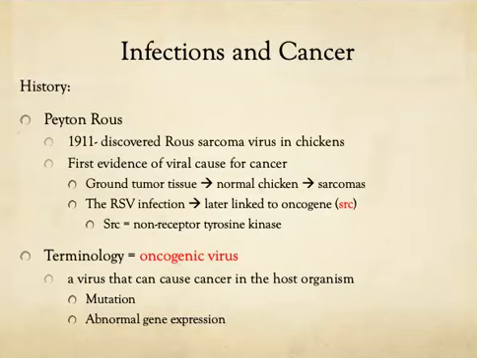RSV, or Rous sarcoma virus, has been studied extensively since Rous first did his experiments in chickens. And it's been shown to be linked to a particular type of gene called SRC. SRC, we pronounce it "sarc." So this is a normal gene. This is a gene that normally occurs in chickens and other animals.